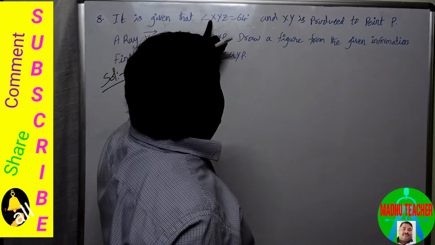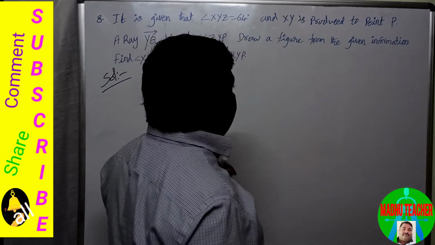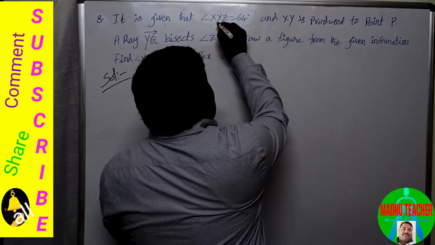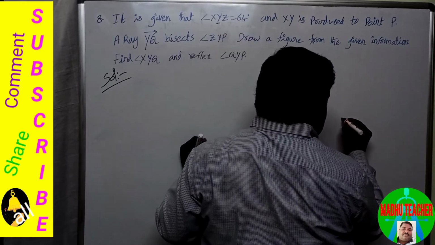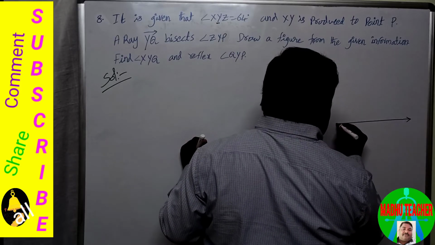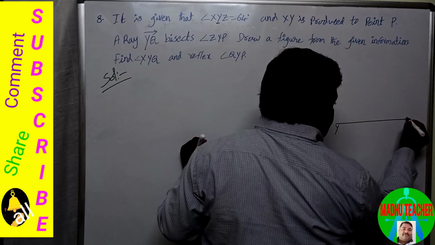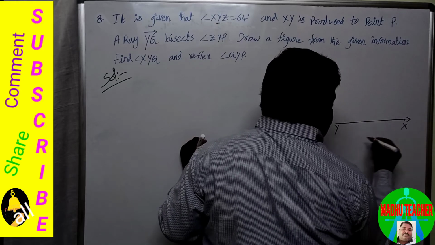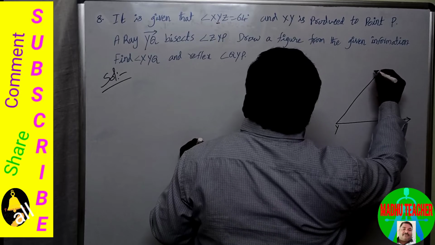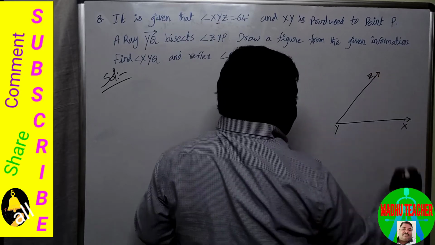It is given that angle XYZ equal to 64. So what is in the middle? Y. It is Y. Let it be X, Z it is.